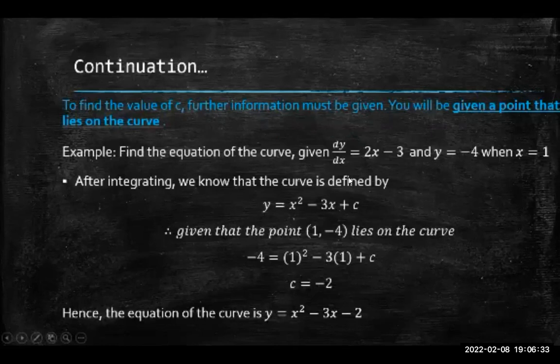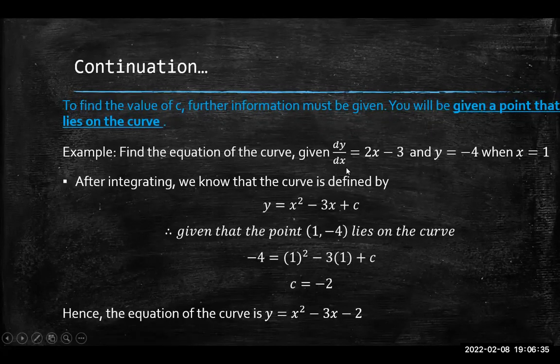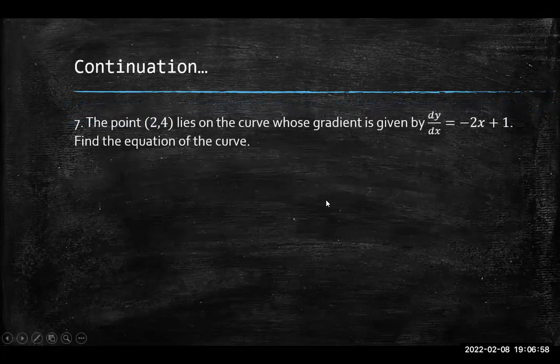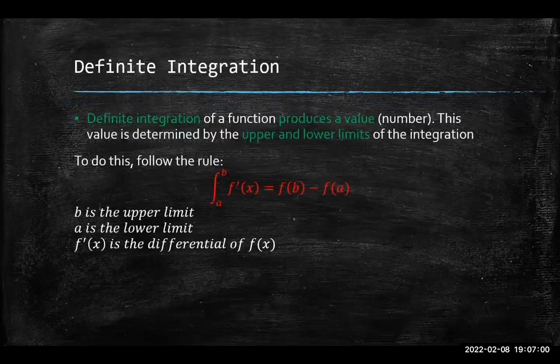When we integrated the gradient function dy on dx is equal to 2x minus 3, we got y is equal to x squared minus 3x plus c. We got an equation. It's not the same for definite integration. For indefinite integration, you got an equation like this with your plus c. For definite integration, now you're going to get an exact value or number.